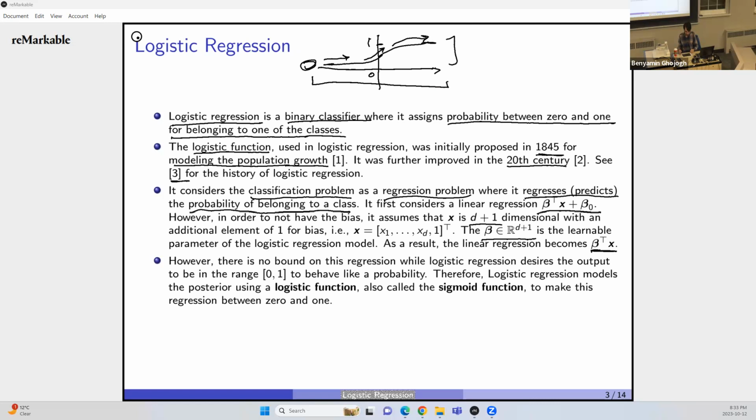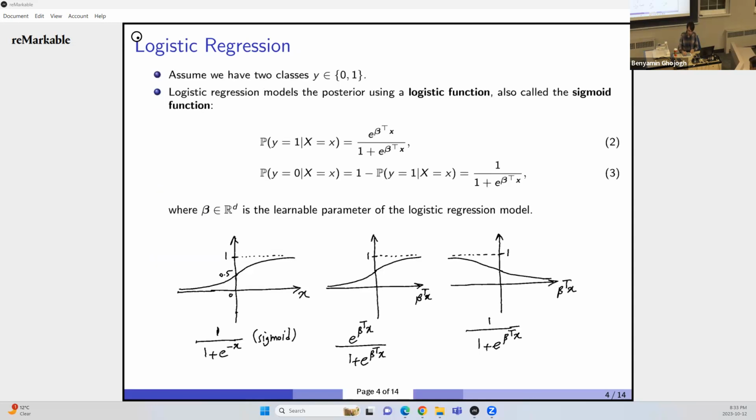As a result, I put beta transpose x inside the logistic function. This is the logistic function, also called the sigmoid function. As you see, it's 1 over 1 plus e to the power minus x, right?